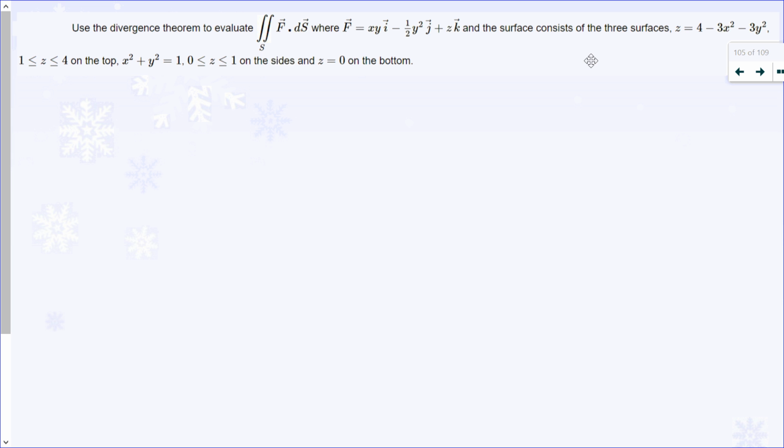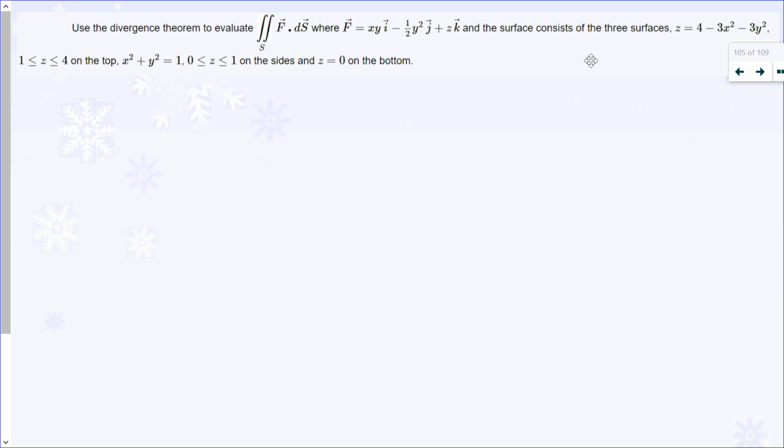Anyone know what that is? Yeah, it's a paraboloid flipped upside down. The x squared plus y squared bit is negative, so that flips it upside down, and then it's moved 4 units up. And that's going to be valid for z between 1 and 4.